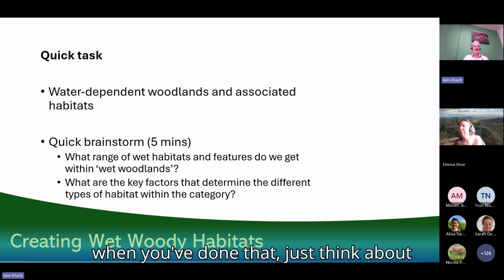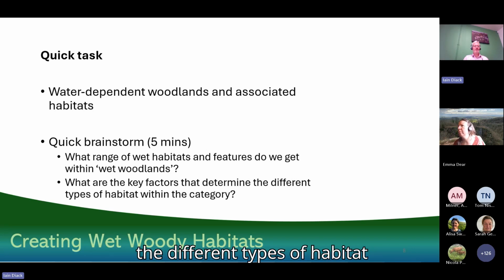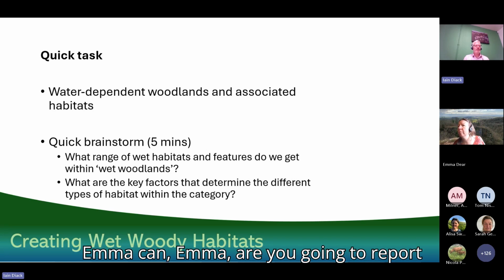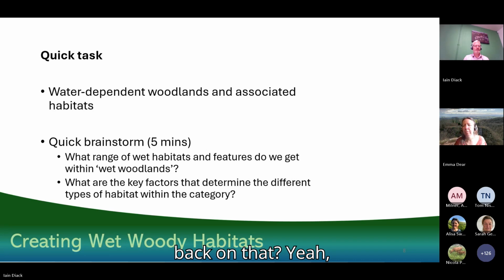And when you've done that, just think about what the key factors are that determine the different types of habitat within the category of wet woody habitats, wet woodlands. That'd be great. So if you do that, and Emma, are you going to report back on that?